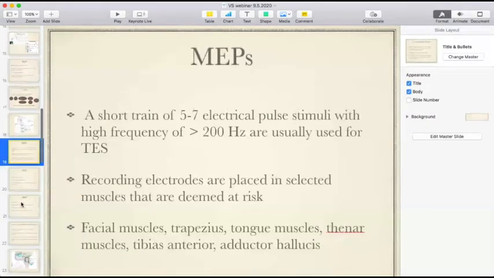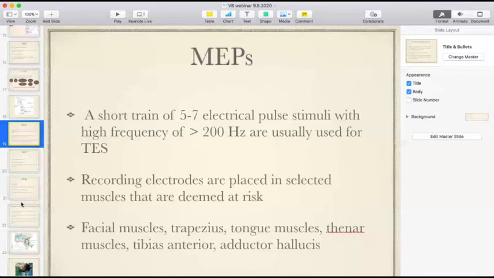The way we produce MEPs is that we give a short train of 5 to 7 electrical pulse stimuli with high frequency, and the recording electrodes are placed in selected muscles that are deemed at risk, such as the facial muscles for the facial nerve, the masseter for the 5th nerve, trapezius for the 11th nerve, tongue muscles for the 12th nerve, thenar muscles for the upper limb, and tibialis anterior and adductor hallucis for the lower limb.